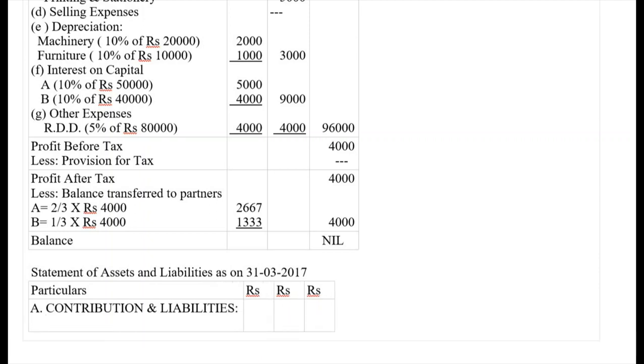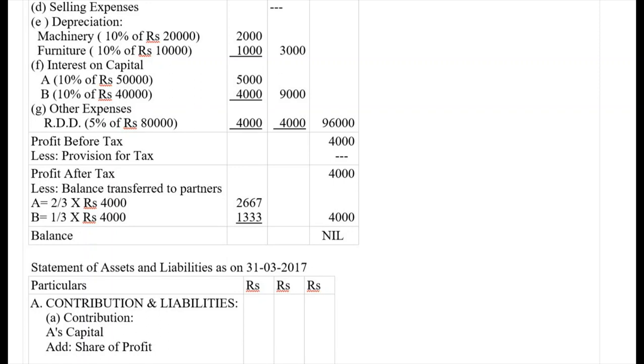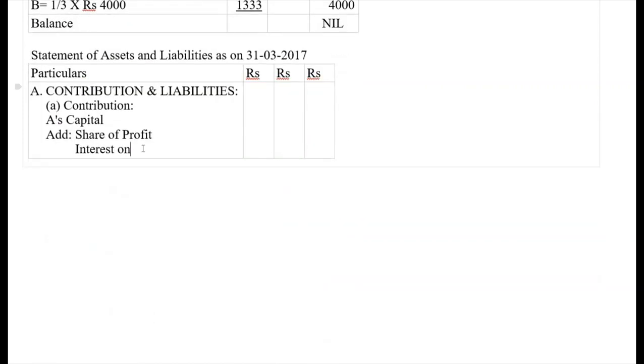So here, a contribution, that is the partners' contribution only. So here is capital. To this we should add share of profit, then we should add interest on capital.